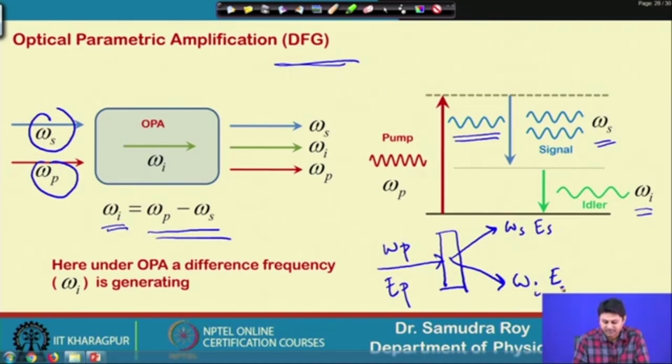These two fields are generated, and now we are going to find out whether they are really amplifying or not. There is a frequency relationship: omega I is equal to omega p minus omega s. This comes from energy conservation. So, this is our structure.